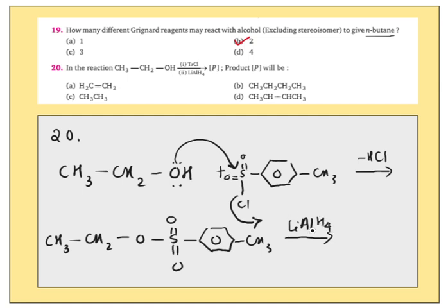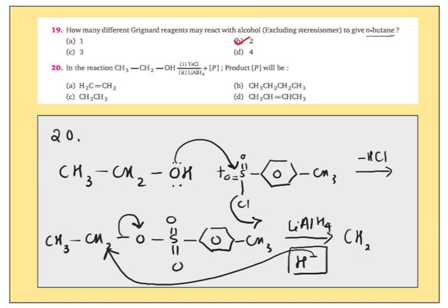Students, we know that lithium aluminum hydride is a reducing agent which provides hydride ions. The name itself suggests it. The hydrogen with the negative charge is called hydride. It will attack the carbon so that the oxygen with the tosyl group will leave. That is the byproduct, so let's not worry about it.